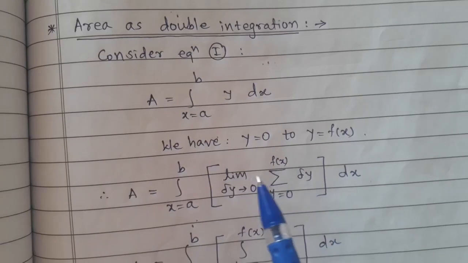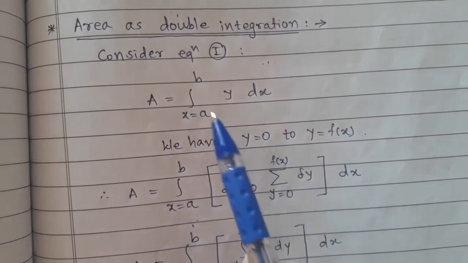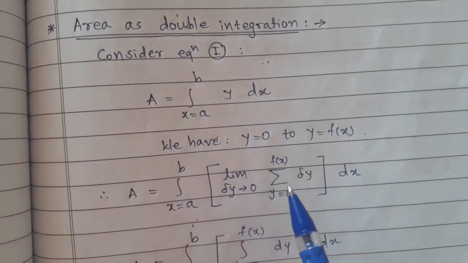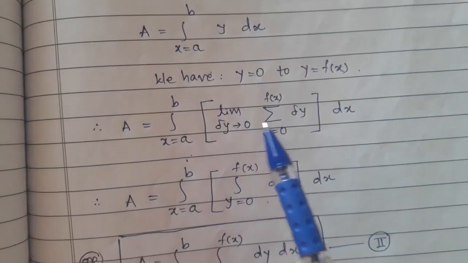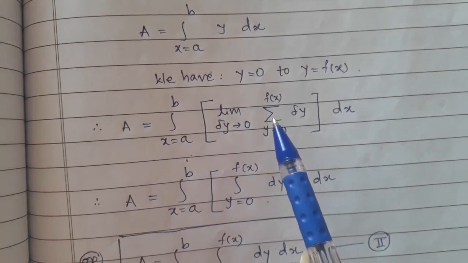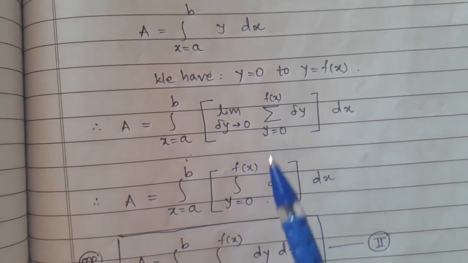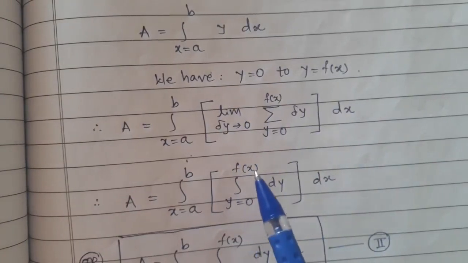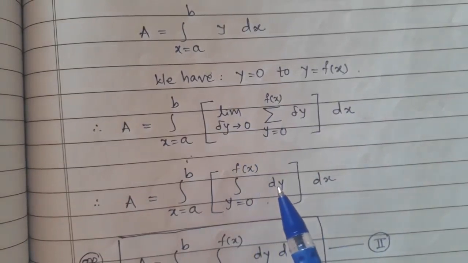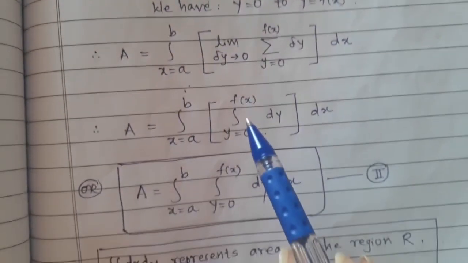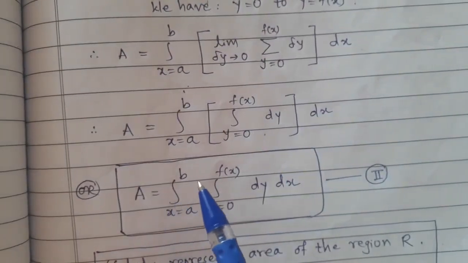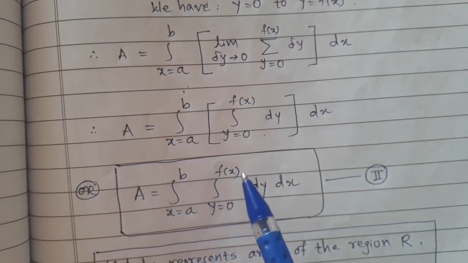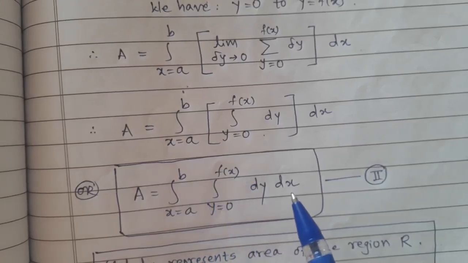Here the integral x from a to b dx part remains as it is, only y is expressed like this. Again we know that the limit of an infinite summation goes to integration, and therefore this square bracket becomes the integration of y from 0 to f of x dy. Overall the area is equal to the integral x from a to b, integral y from 0 to f of x, dy dx.